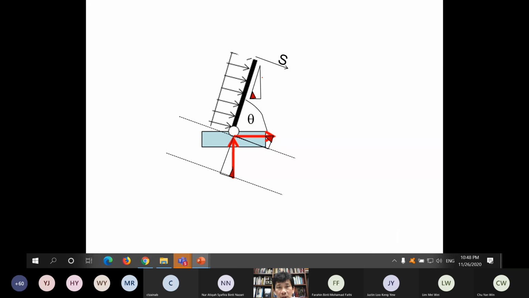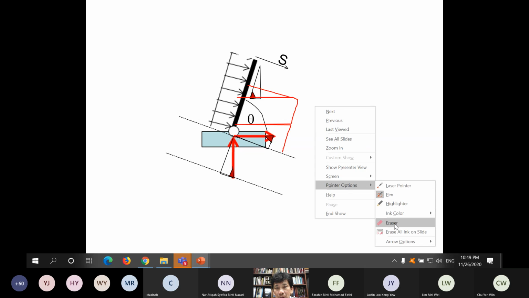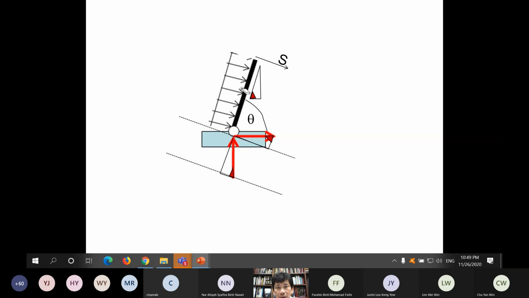So if the inclination of the member has an angle theta here, then from the relationship here, this must be 90 degrees, this is 90 degrees, okay?